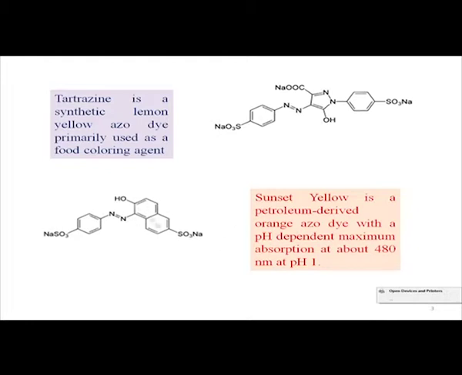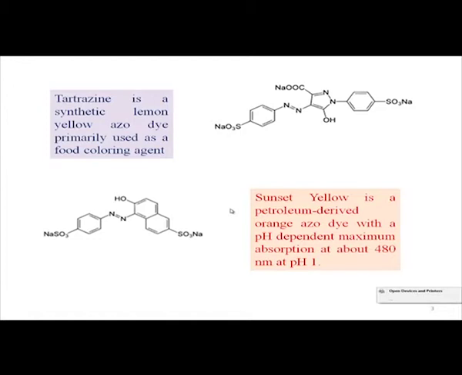This is the naphthalene part and this OH group is also there. It has a maximum strong absorption at pH 1 because you have to protonate this particular part at pH 1. So, this is basically another approved dye for food coloration, which again depends on the azo function.